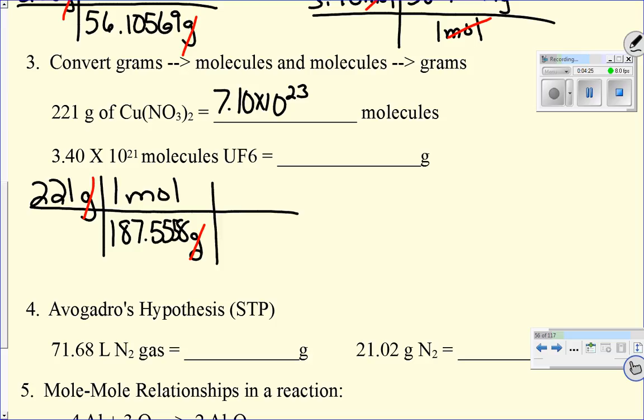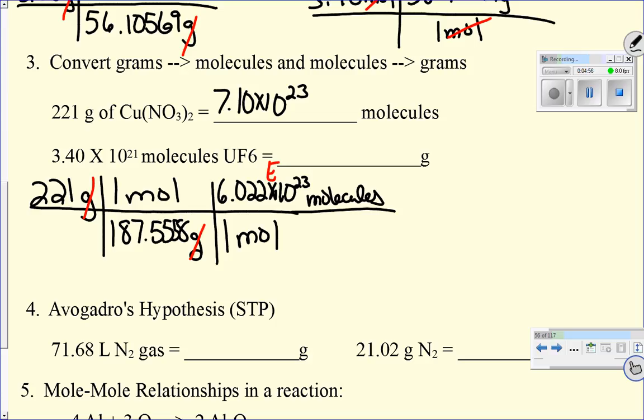I now need to get rid of moles, and I want to put that into molecules, so I'll put 1 mole on the bottom, and my molecules are going to go on top. So you're multiplying 221 times 6.022 times 10 to the 23rd. Remember, you're using that little e on your calculator, and then you're dividing it by 187.558, and that's going to give you 7.10 times 10 to the 23rd.